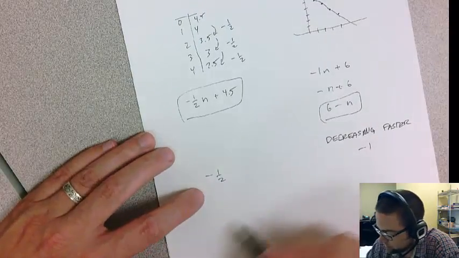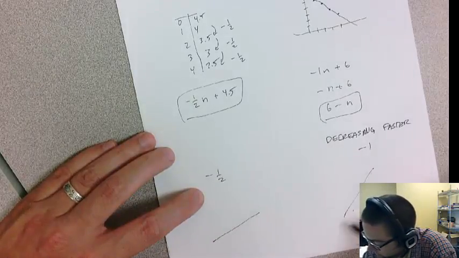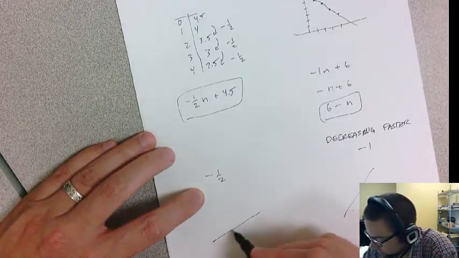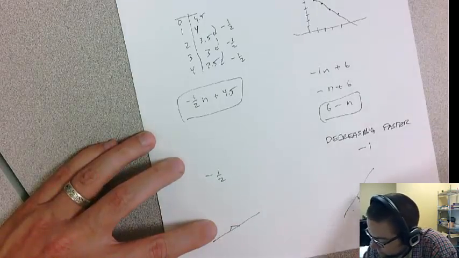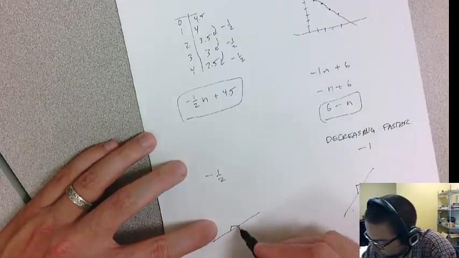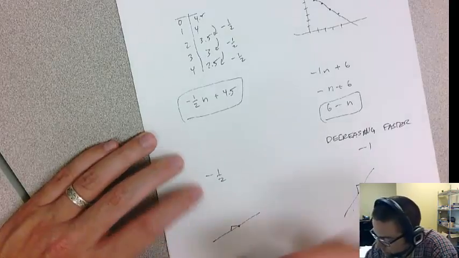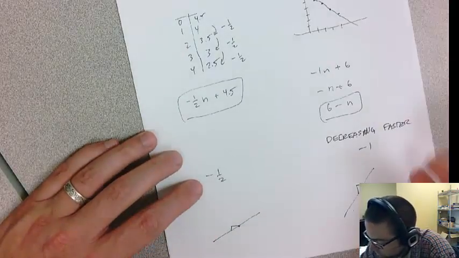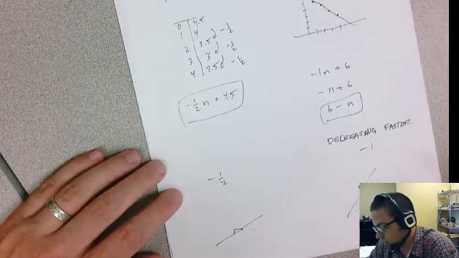If you have some increasing, the steeper line is going to be increasing faster. So this would have a rate of change that would be a smaller number than this rate of change. For every 1, this one's going up a little bit, and for every 1, this one's going up more. You could say this one is increasing faster than this one.